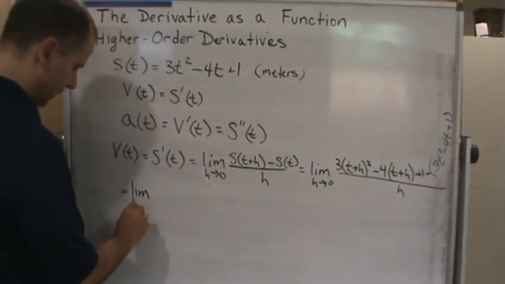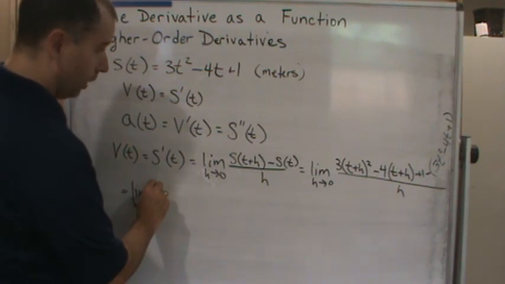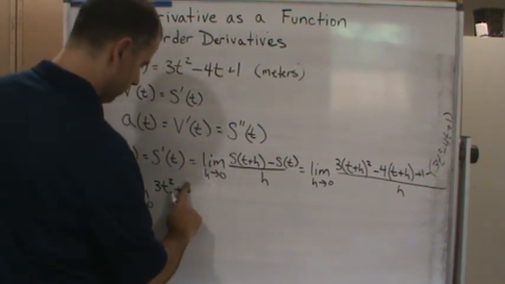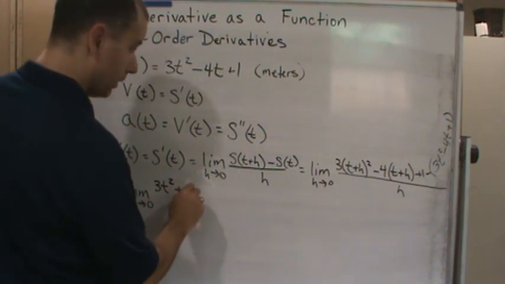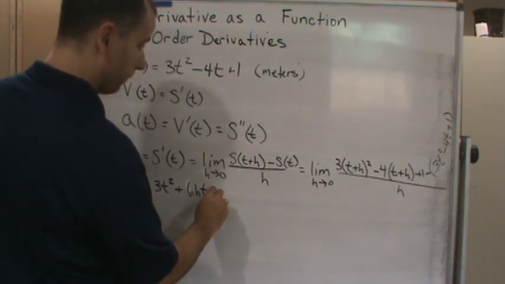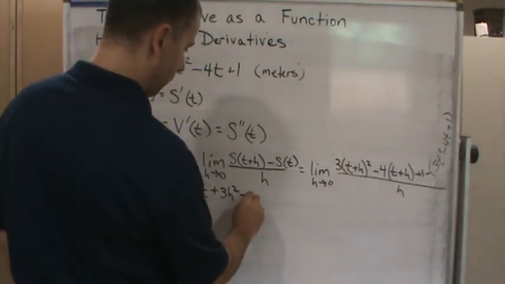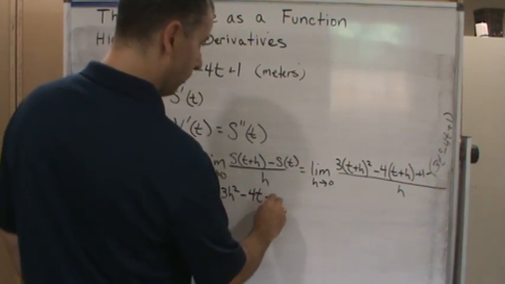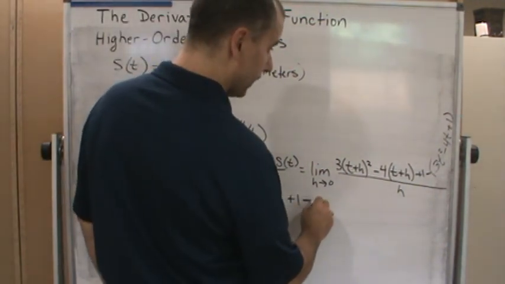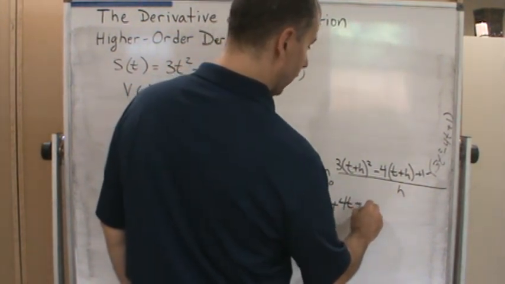But again, just be careful when you expand this out and make sure everything cancels that's supposed to cancel. Okay, so this is going to give me the limit as h approaches 0. Now this is going to be pretty long: 3t squared plus 6ht plus 3h squared minus 4t minus 4h plus 1, don't want to forget the plus 1 this time, minus 3t squared plus 4t minus 1.